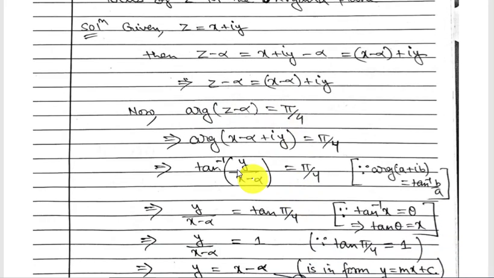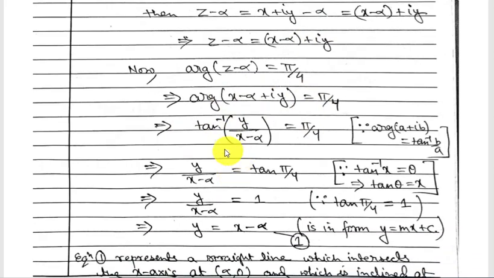Now in the next step, z minus alpha, we know that it is x minus alpha plus iy, so replace it. Next what we can do is tan inverse y upon x minus alpha, because the argument of x minus alpha plus iy, you know that the argument of a plus ib will be tan inverse b by a.